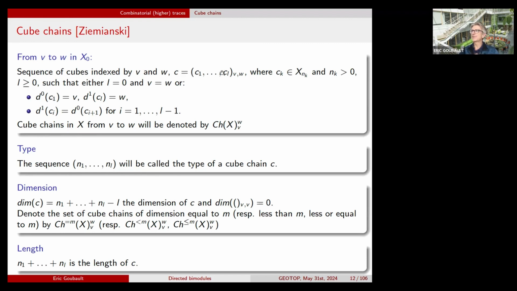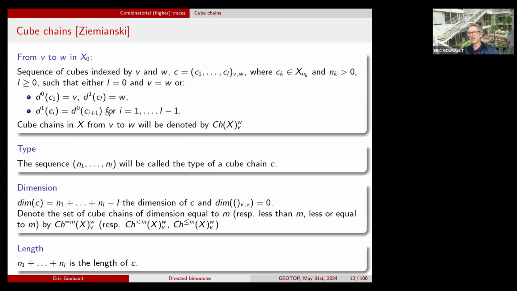So when this sequence is empty, you must have V equal to W. This represents a constant path on vertex V. When it's not empty, you just have to have the iterated start boundary of C1 be V, the iterated end boundary of CL, the last cube in your sequence, be W, and the iterated end of Ci is going to be the iterated beginning of Ci+1.